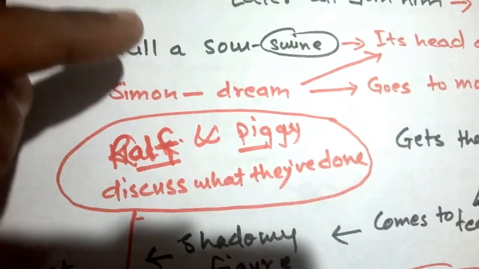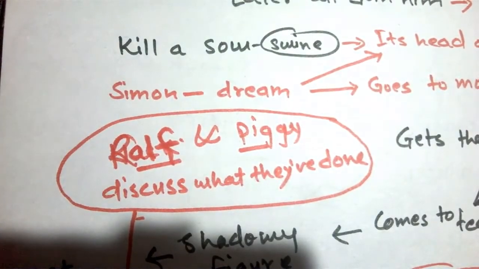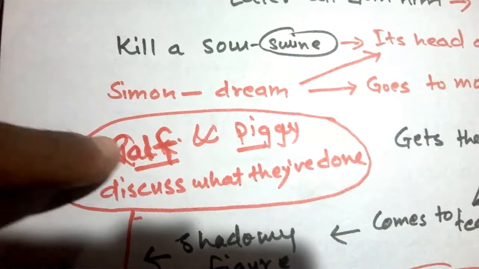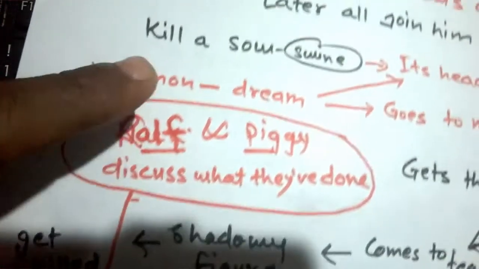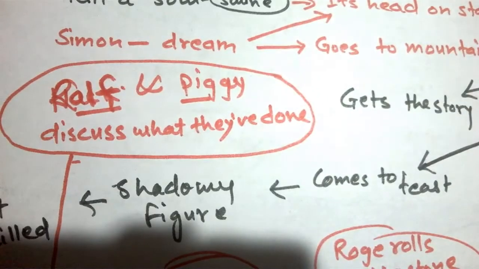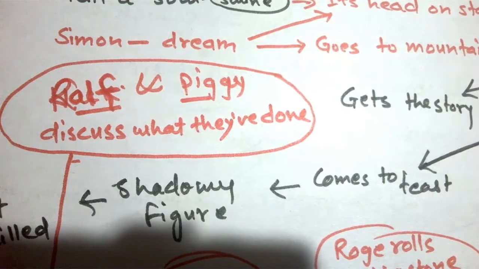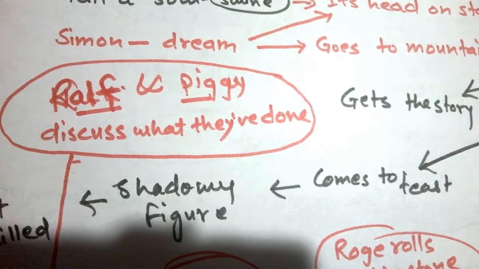Okay, Simon was the first boy who understood the story about that monster, that it is fake. But he gets killed later. And so who dies? Piggy dies and Simon dies. Okay, and twins were Sam and Eric. I hope all the important characters are clear now.